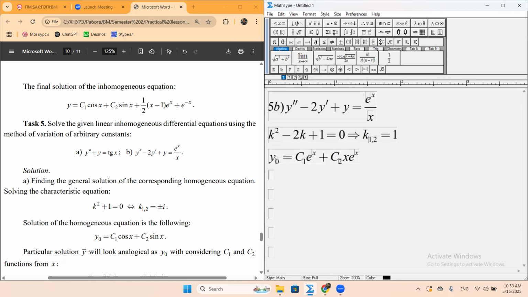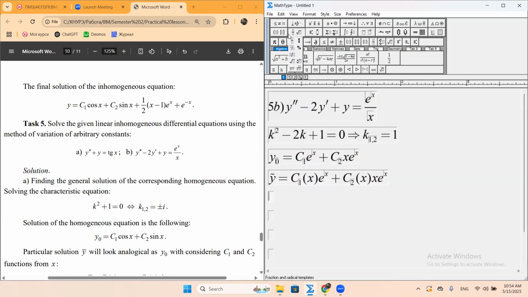So now we will again find the partial solution in the following form. C1 and C2 will be functions that depend on x.